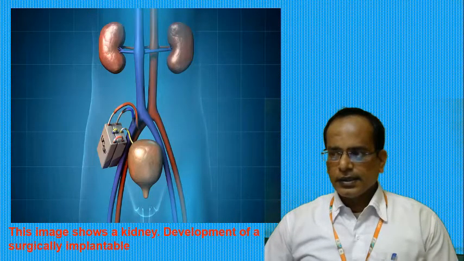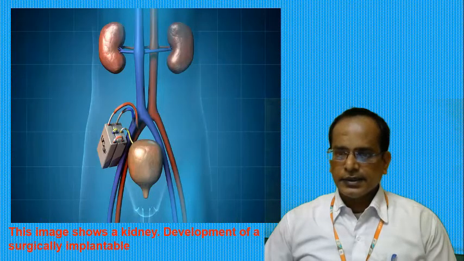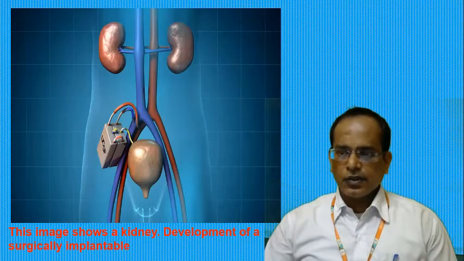In the dialysis shown in the diagram, the patient will have a bypass inserted between a vein and an artery of an arm. This tube connected between the vein and the artery is called an AV shunt.